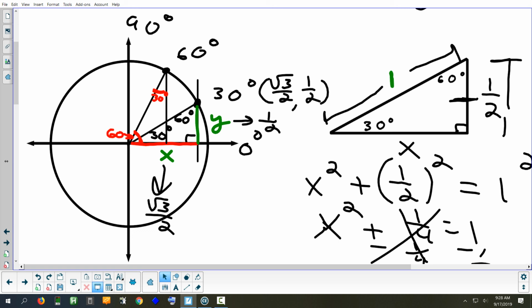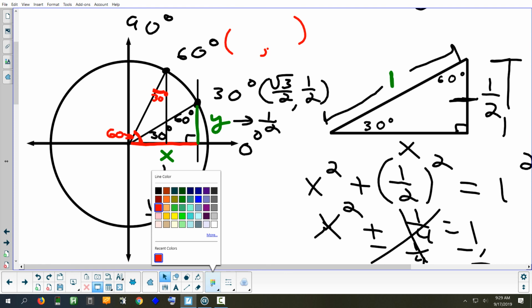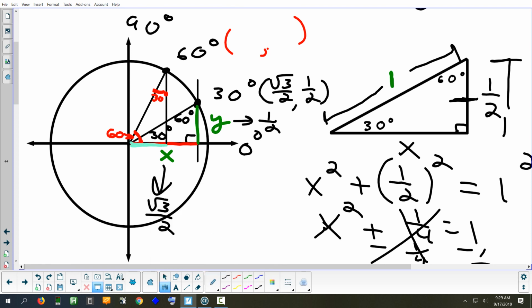So what do you think the coordinate's going to be for 60 degrees? Would you just flip the 1/2 and square root of 3/2? Yeah. So now, here's your short side. That's your 1/2.